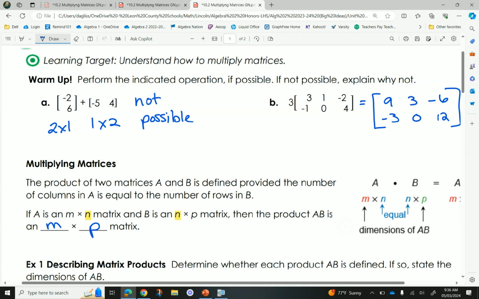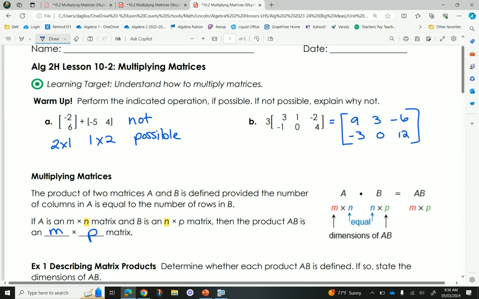I feel like the picture shows that very nicely. If my two pieces in the middle are equal, my two pieces on the outside are the dimensions of my product. So in part A of my warm-up, I could not add those together, but guess what? We could have multiplied them together. Because the rows of the first, I lied, the columns of the first match the rows of the second.